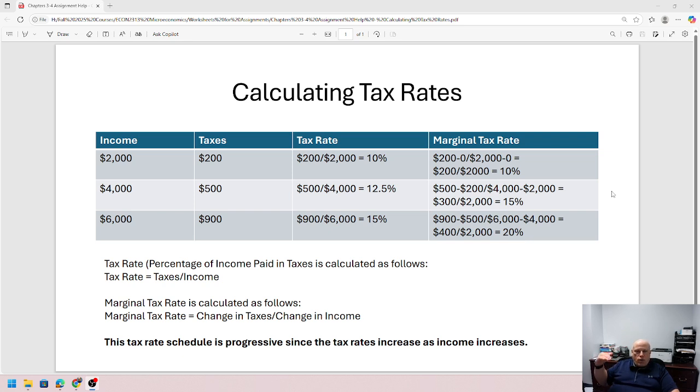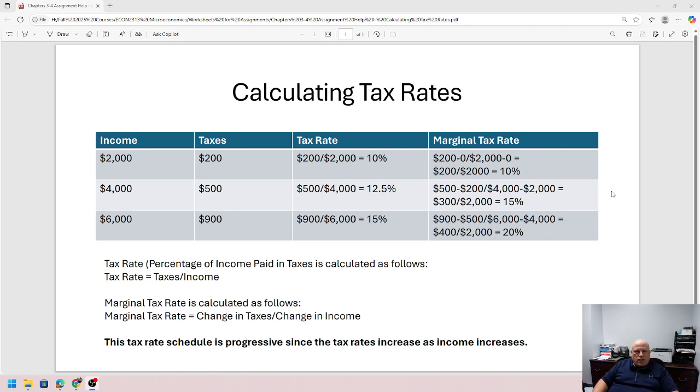And then it will also have you calculate the marginal tax rate for each of those as well. And then it will also ask you to look at the various tax rates and see if they're actually increasing as income increases, which would be a progressive tax system, or whether the tax rates decrease as income increases, which would make it a regressive tax system.